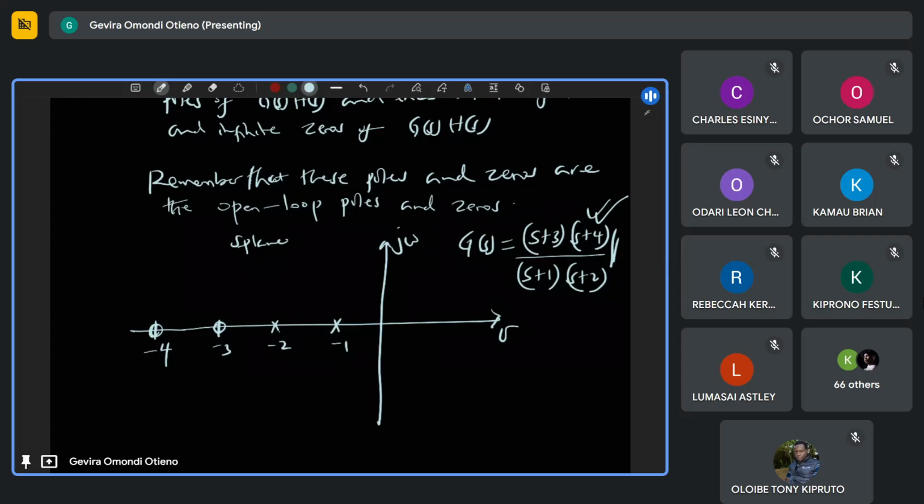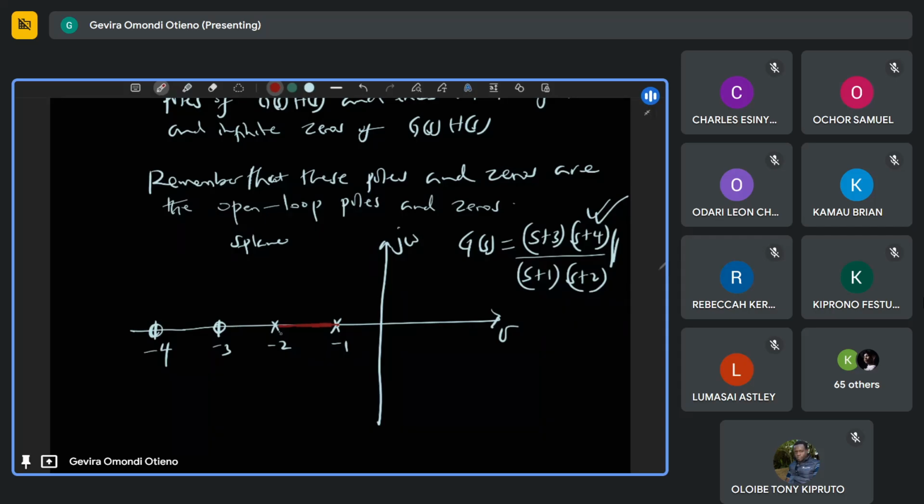So from the rules that I gave you again, let's try and apply the rules. We said we first need to know where the root locus lies on the real axis. How do we know? We begin from the rightmost pole or zero. So this is the rightmost. And because it is the first one, the root locus must be to its left, because number 1 is an odd number.